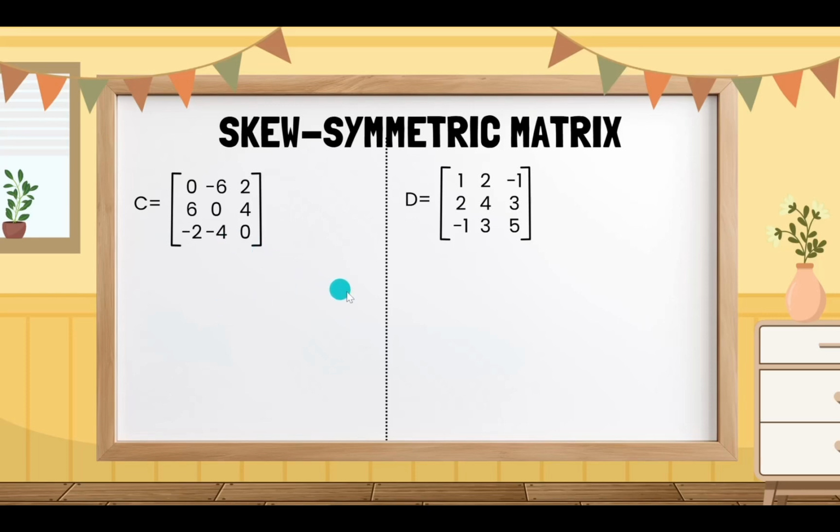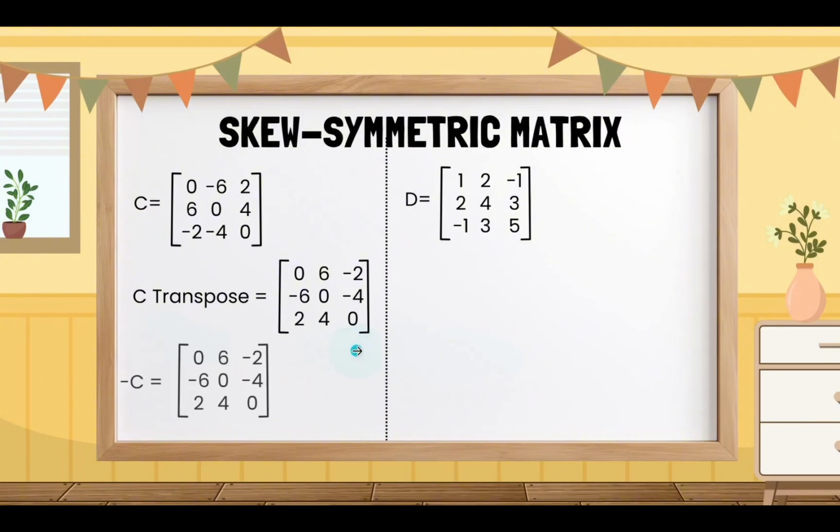So when we transpose this matrix, it's going to be 0, 6, minus 2, minus 6, 0, minus 4, and then 2, 4, 0. So this is the transpose of the matrix C. Is it going to be the same when we negate the original matrix?